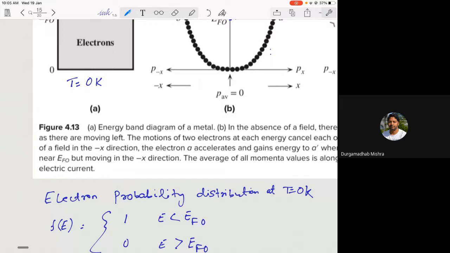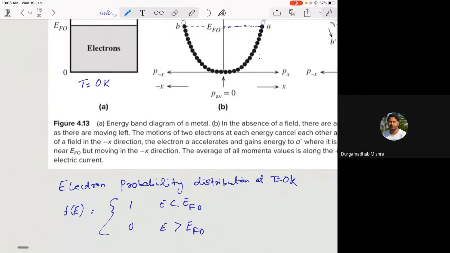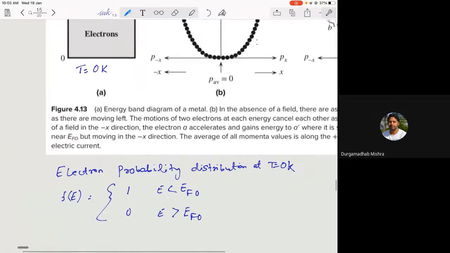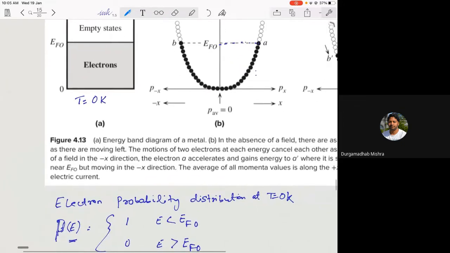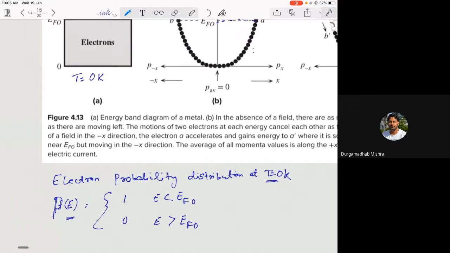It is a different distribution of particles, and this is because these are quantum mechanical particles. They follow Pauli's exclusion principle, and that's why they follow this kind of statistics. So the probability, which you can call F or P, of finding an electron in an energy state E will be 1 when the energy is less than the Fermi energy, and 0 when the energy is greater than the Fermi energy. This is at T equal to 0 Kelvin.